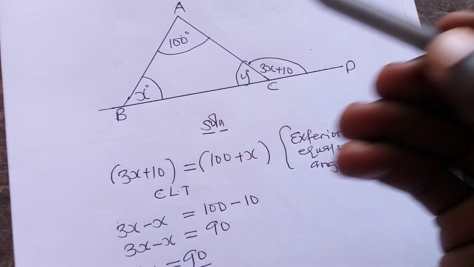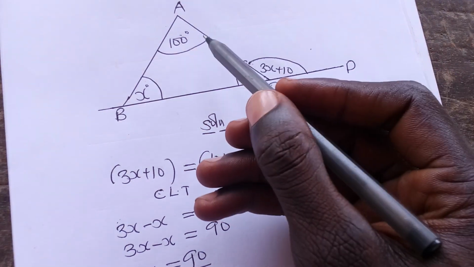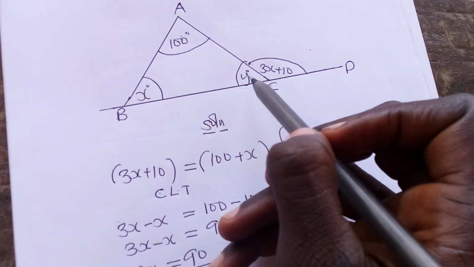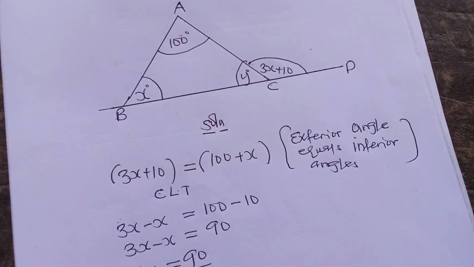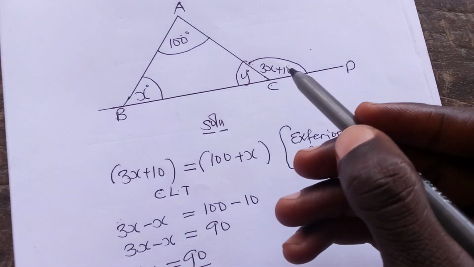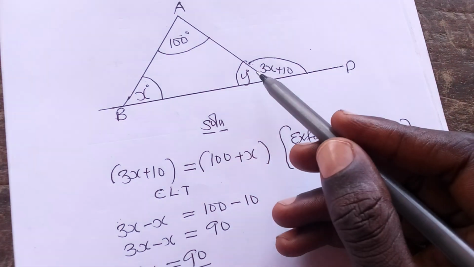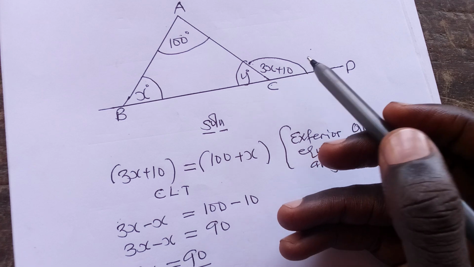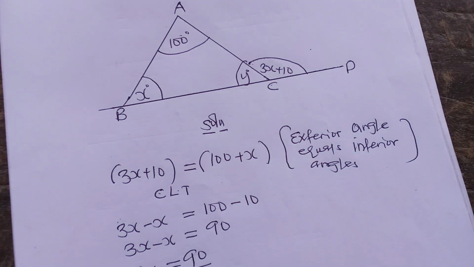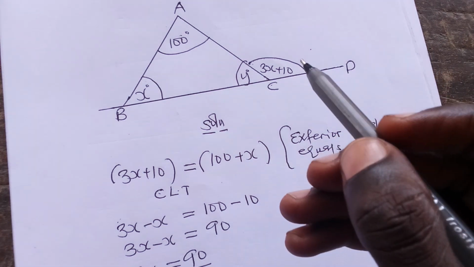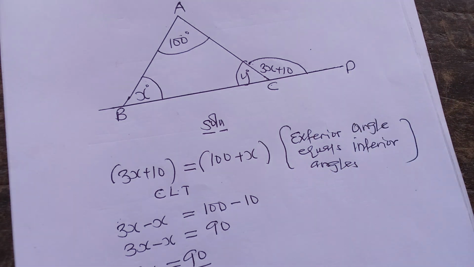You can say 100 plus x plus y is equal to 180 degrees. The reason being the sum of angles in a triangle. Or you can say y plus 3x plus 10 equals 180 degrees. We know y and 3x plus 10 are on a straight line, so they also equal 180 degrees. So you can use either of the two alternatives, and you're going to have the same answer for the value of y.